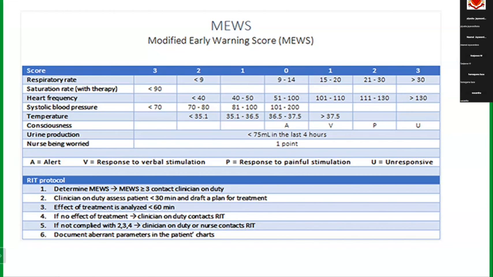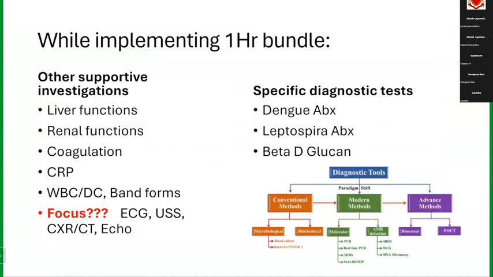Immediate management, we will discuss later today. While implementing it, you can send your other investigations to confirm the diagnosis or to look for the focus of infection, like liver functions, renal functions, coagulation, CRP, and WBC.